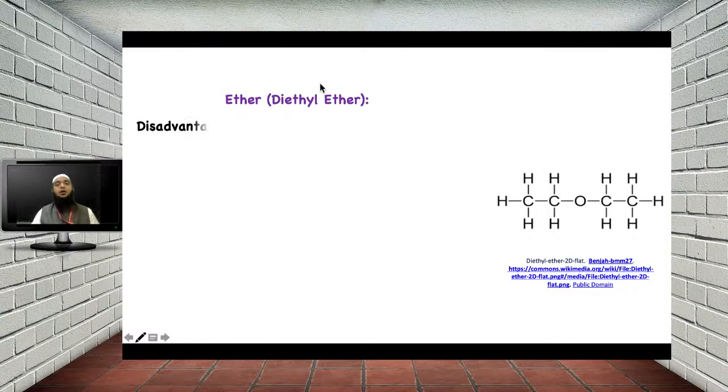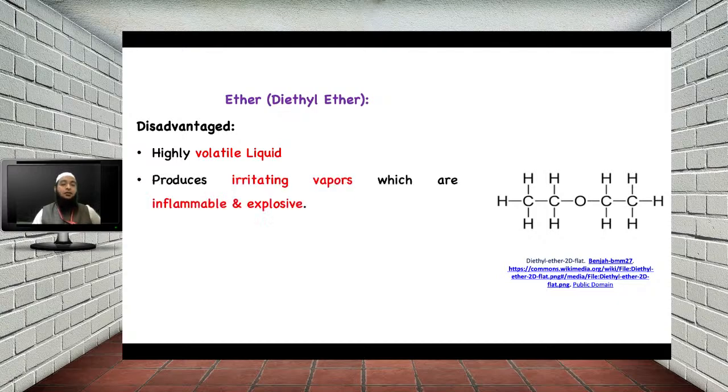Let's see the disadvantages of this and how to overcome them. The disadvantage is that it is a highly volatile liquid, and it produces irritating vapors which are inflammable and explosive. Since it is highly volatile, it is quickly converted into vapor form, and such liquids are generally inflammable and explosive.